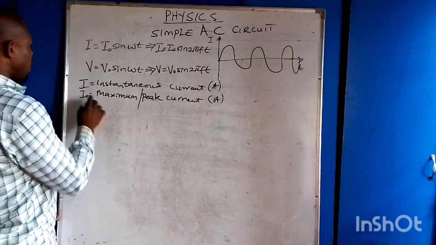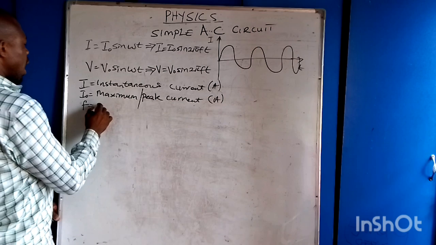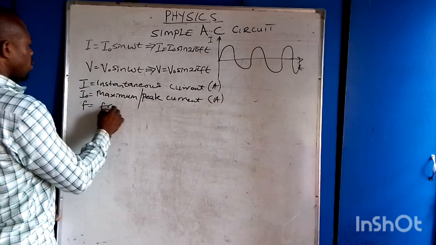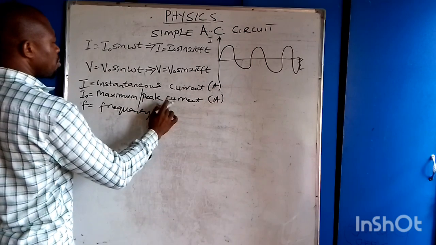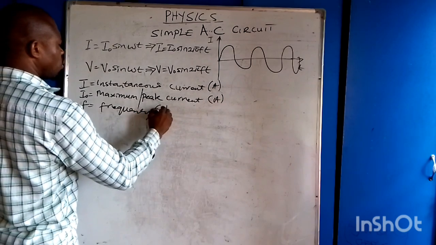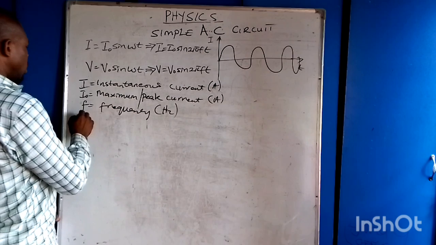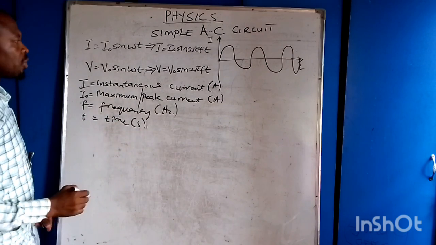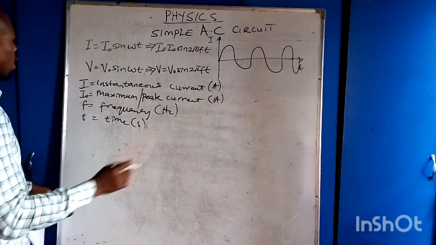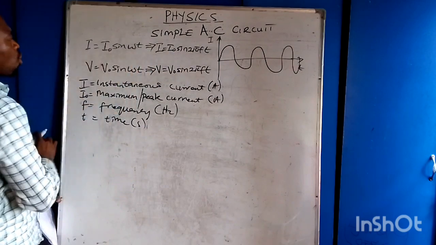Now we can have f as our frequency, measured in hertz. t is the time, measured in seconds. Now we can as well have here, this is our omega.